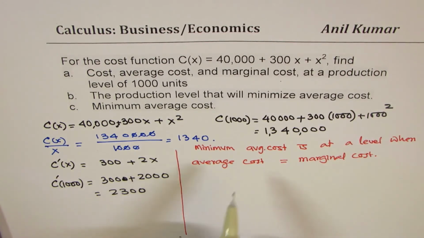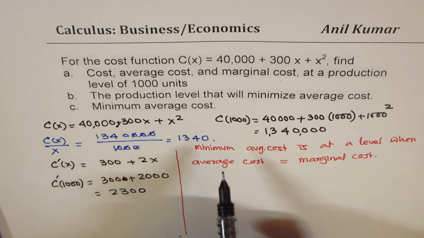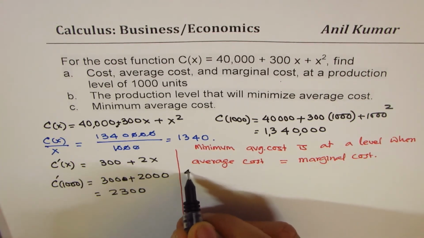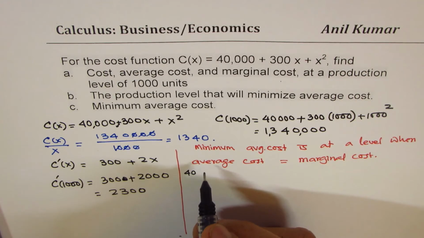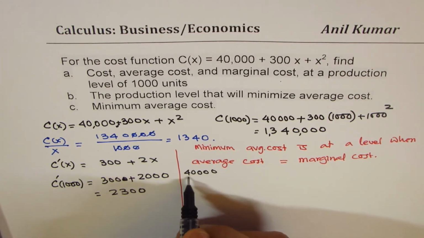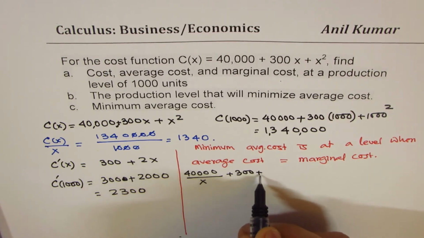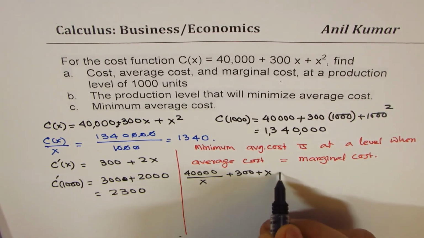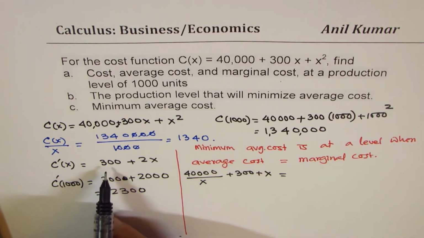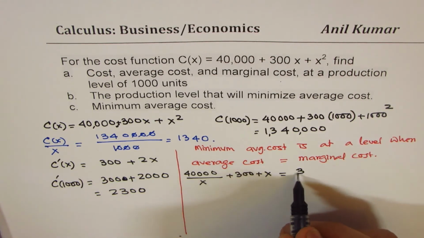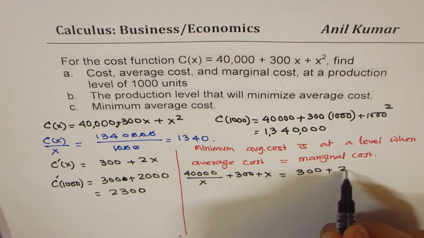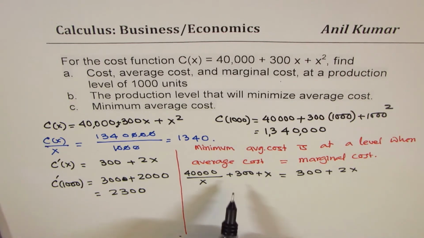Is that okay? Now average cost is all this divided by x. So we'll write this average cost here as 40,000 divided by x plus 300 plus x equals marginal cost. We got this expression as 300 plus 2x, correct? So we have to equate this and then find the value of x.